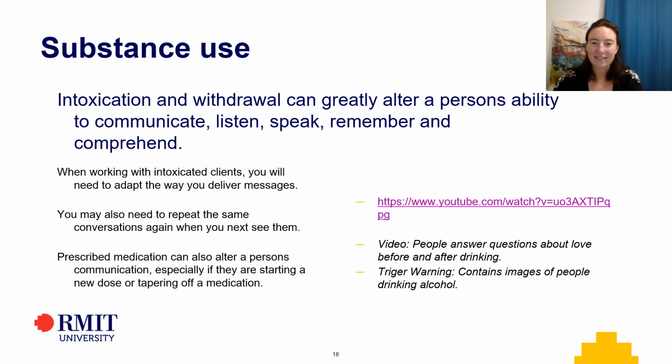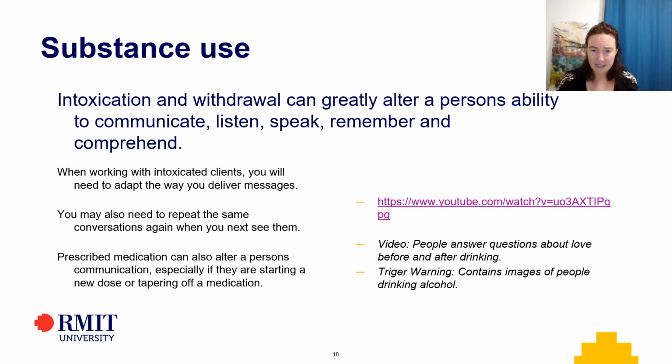And our final slide, and a really important one, is that substance use can be a barrier to communication. When people are intoxicated, their ability to communicate changes. When people are in withdrawal, that also impacts their ability to communicate.